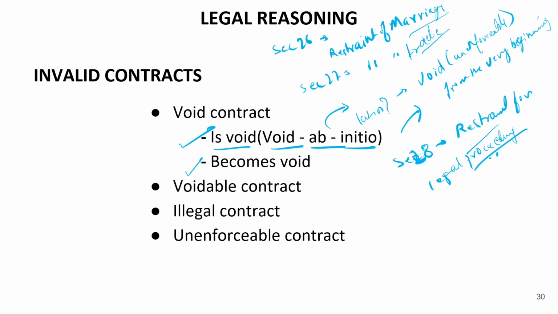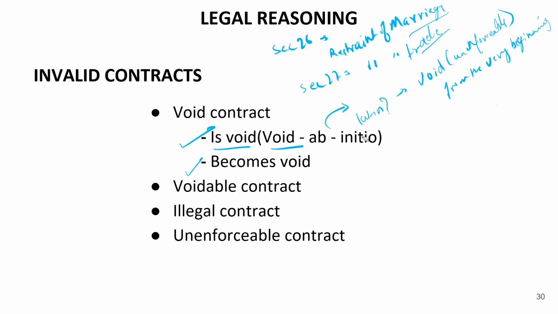Now we need to understand a very important differentiation between two things, because certainly you might be having a little bit of confusion in this, and I would be really willing to help you out with the same.